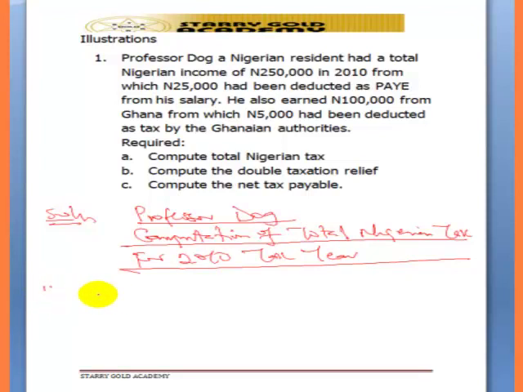So first we compute. We take the total Nigerian income as given in the question. Okay, we can just use a single naira sign. That is 250,000 naira.